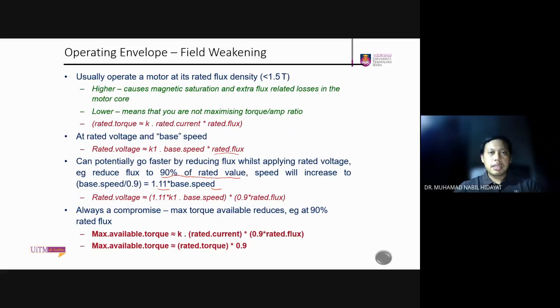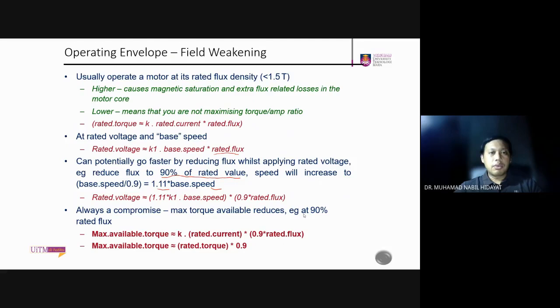Usually you operate a motor at its rated flux density. If it's higher, it will cause magnetic saturation and extra flux related losses in the motor core. If it's low, it means that you are not maximizing your torque to ampere ratio.